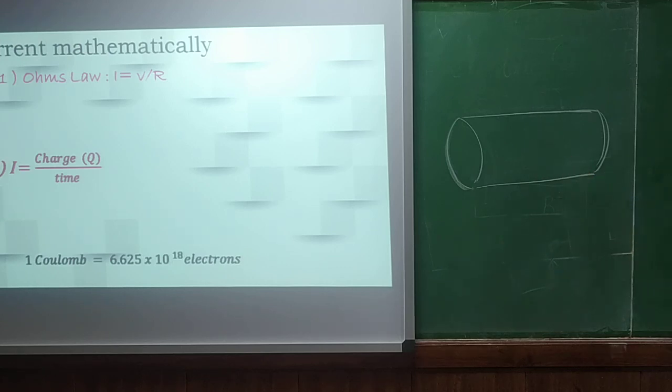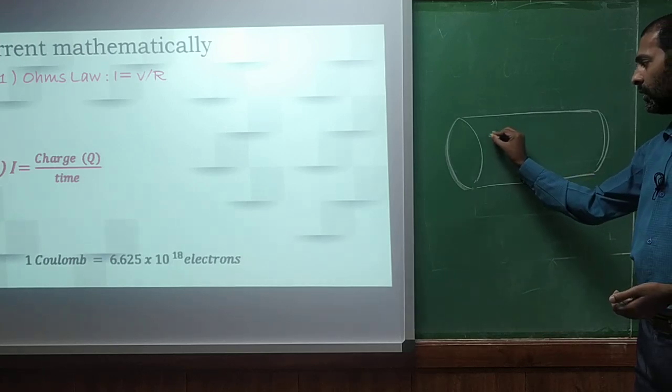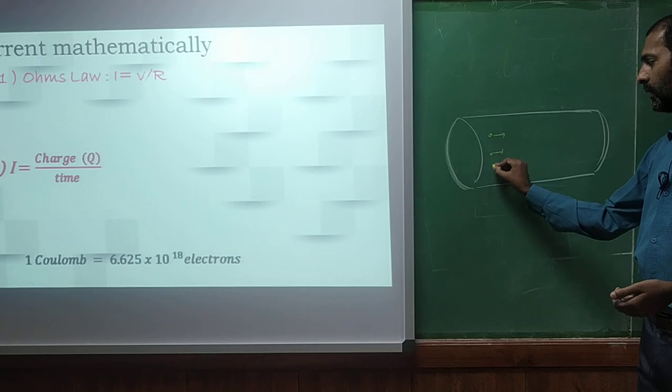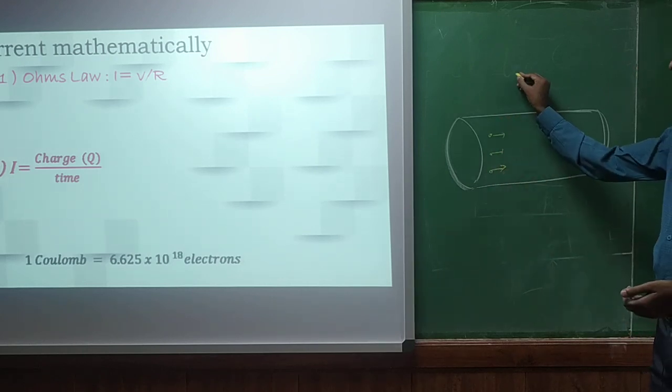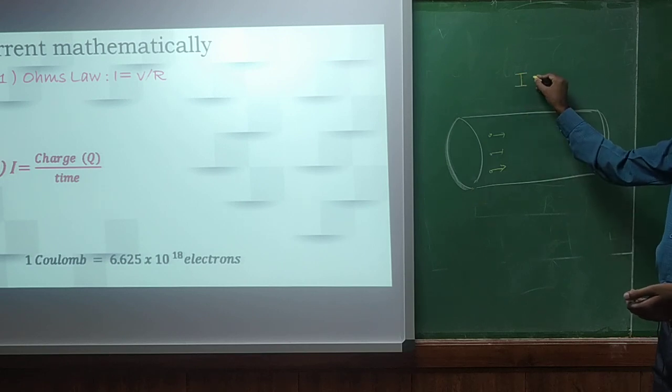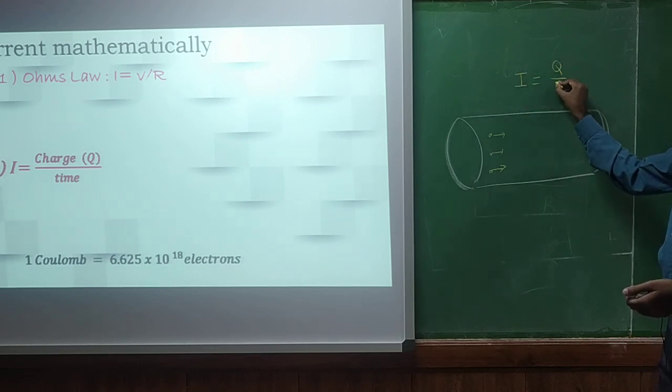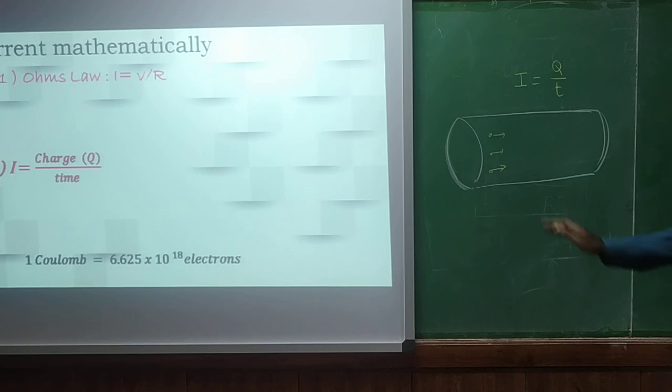And what happens in that conductor? There are electrons, they move in that particular conductor. So what we are saying, this current I is nothing but charge per time. How many charges are moving in that particular time?